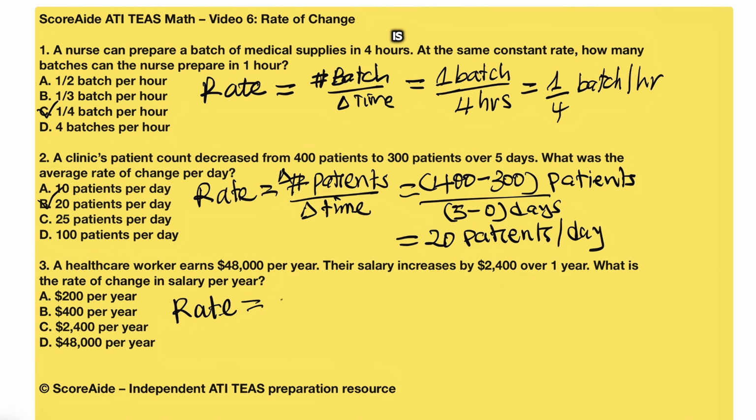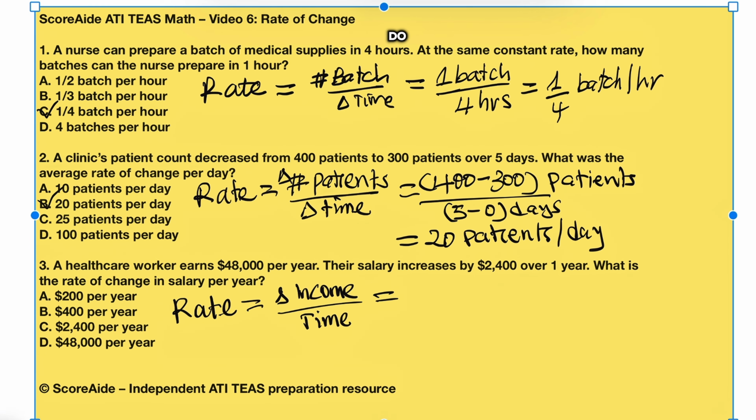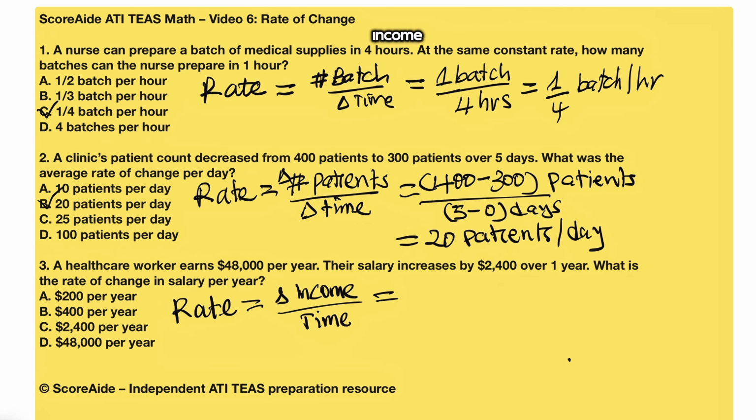The quantity is equal to the change in income. Change in income or change in salary all over the time, right? So you see that the change in the income is already specified here, it is 2400. We don't need to do anything else.